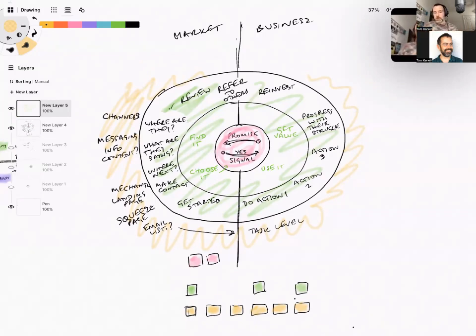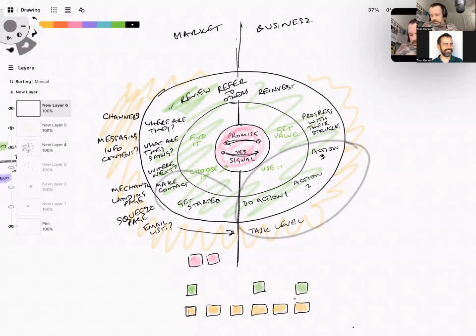We need to complete the whole loop, not just focus on, and this is where a lot of teams will go, I think, just what are these things that we need the user to do? Maybe get into all this onboarding: how do we get somebody started and get them taking action? And we only focus on this bit.